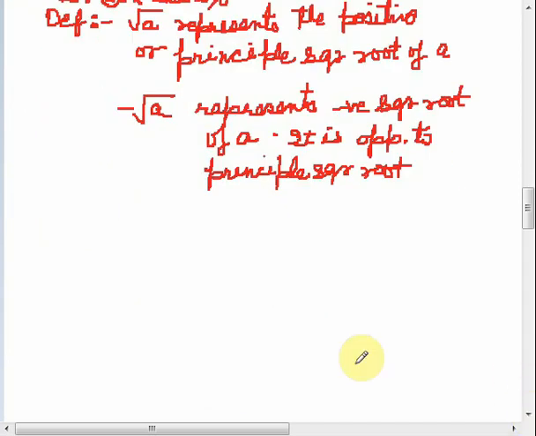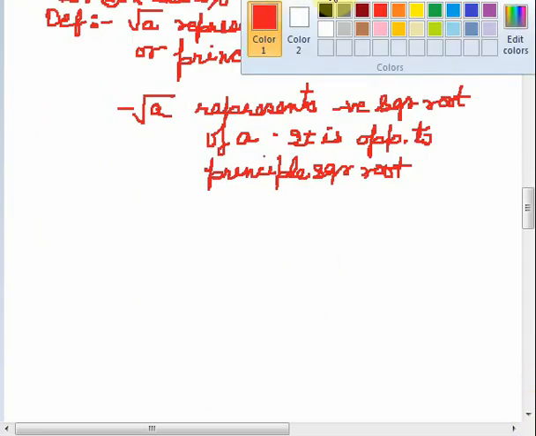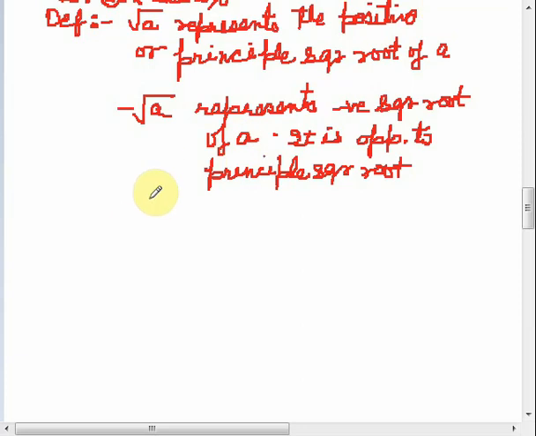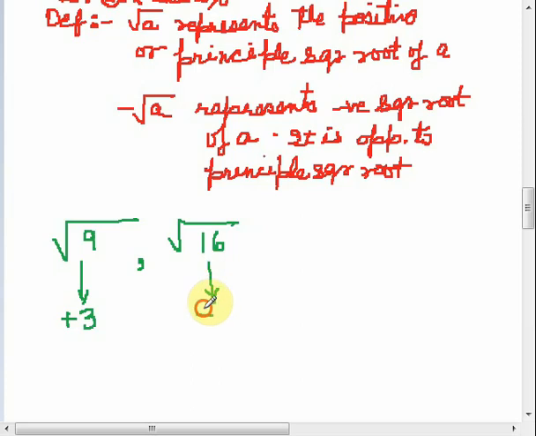So whenever you see these kinds of notations, root 9, root 16, the value of this will be only plus 3, the value of this will be only plus 4. The value will not be minus 3 or minus 4.